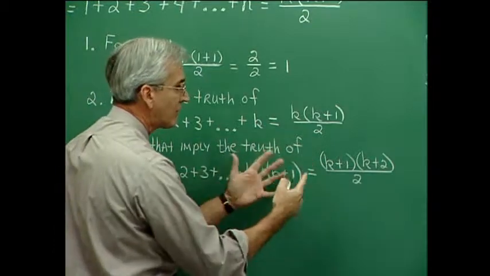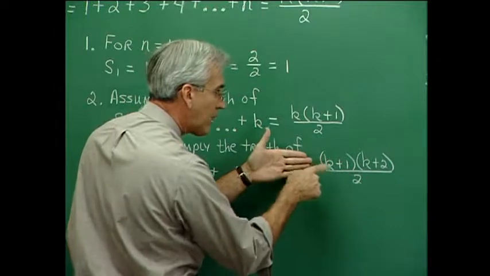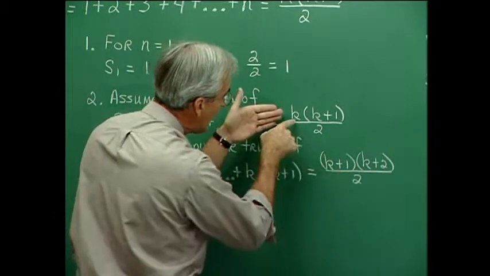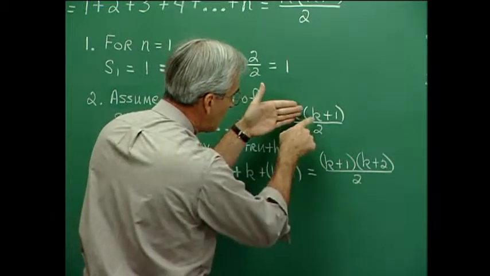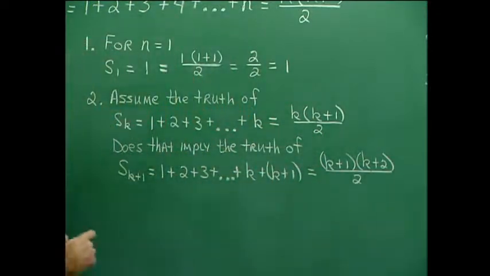Now, here's where we have to think about how to write this and where this comes from. This is the k plus 1th expression, and we just replace this k with k plus 1, replace that k with k plus 1, and we get this. Okay, so that's the idea.